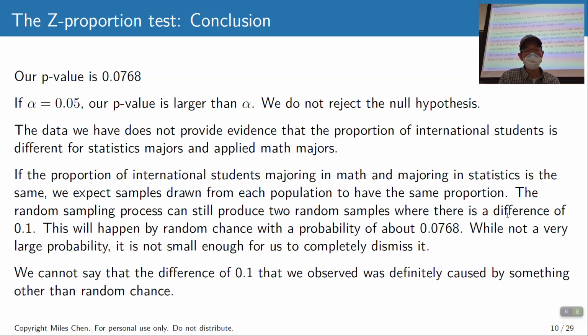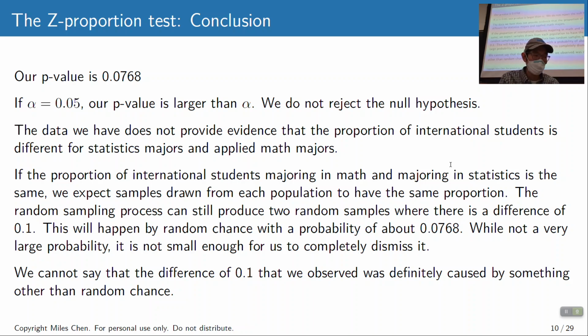Even if the proportions of statistics students who are international and applied math students who are international were the same, when you draw random samples, it's possible that by random chance you get too many international students in one group and too few in the other, and you get a difference of 0.1. That could happen with a probability of around 7 to 8%. So not huge, but not small enough for us to dismiss it.